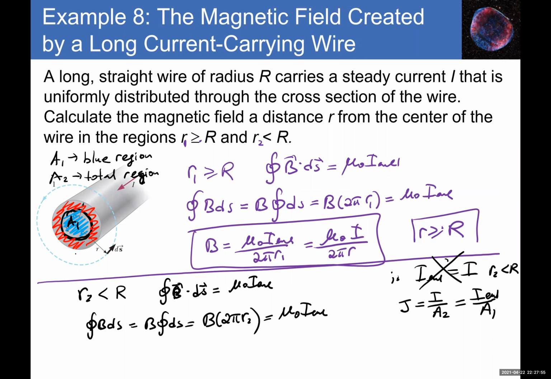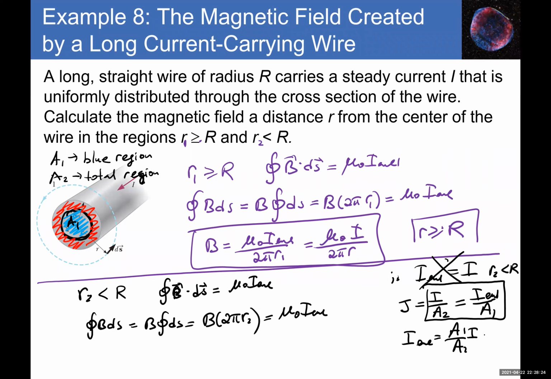Their ratio is also equal to the current density, which means the ratios are equal to one another. That means I can say the current enclosed is equal to A1 over A2, the area of my Amperian loop divided by the total area of the conductor, times the total current. Basically rearranging this for the I enclosed.